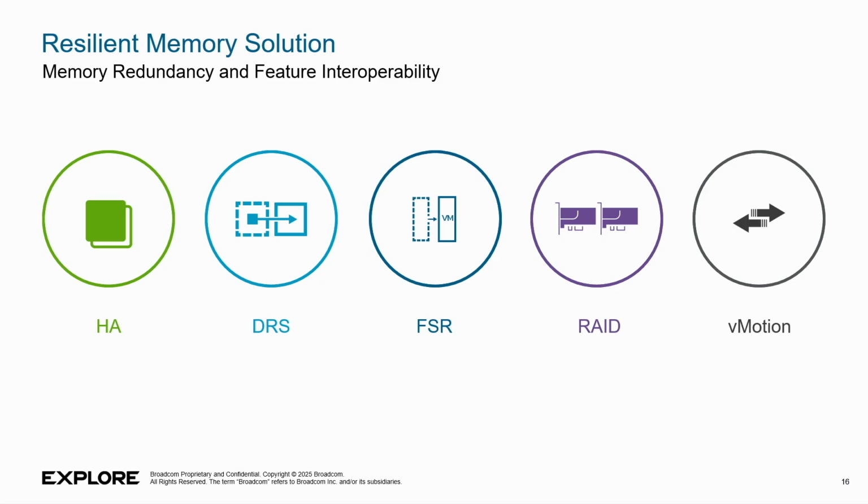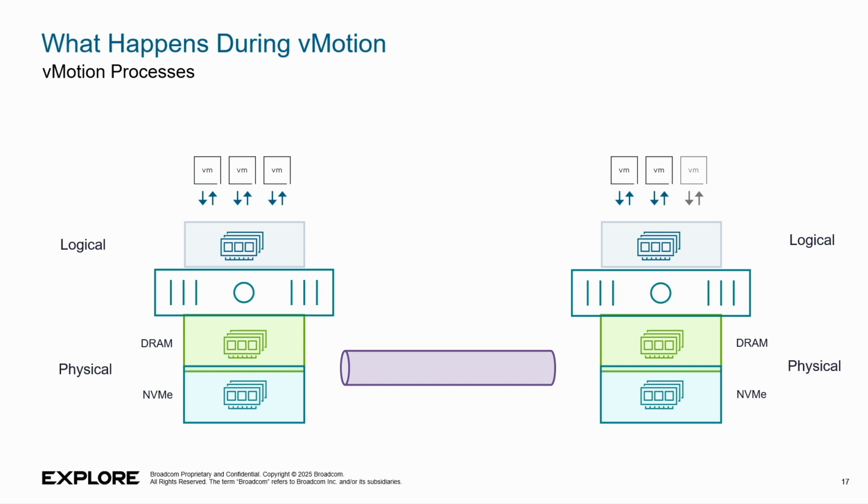And one of the questions I usually get at this point is, well, how does vMotion work? How does the one host know if the other host doesn't know? So what happens during the vMotion process? Here we have VMs doing their thing, memory coming in, and hot pages would be vMotioned over from DRAM in the source to DRAM on the destination side.